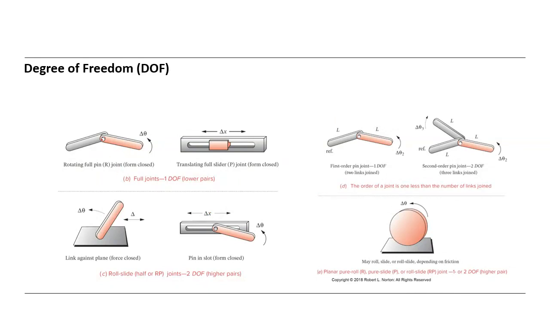This is a revolute joint connection and consists of two members, one pair, and this pair has a slider joint. That means the prismatic joint, and this is form closed also. Form closed.